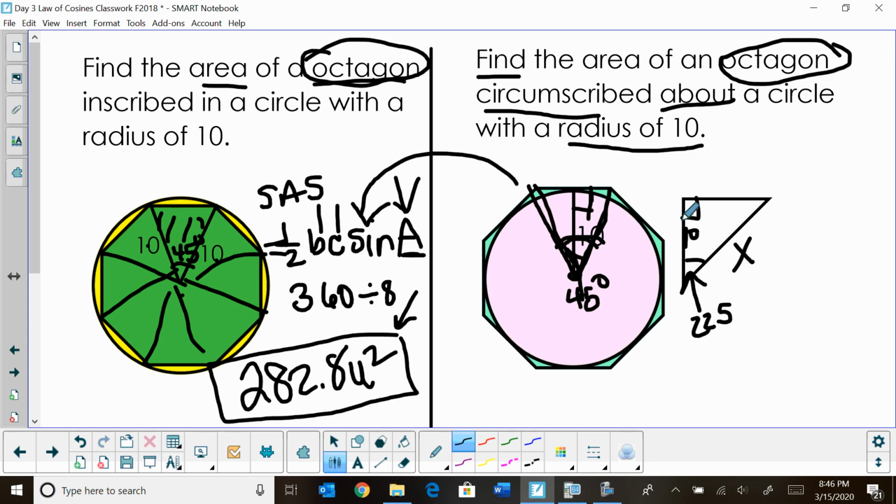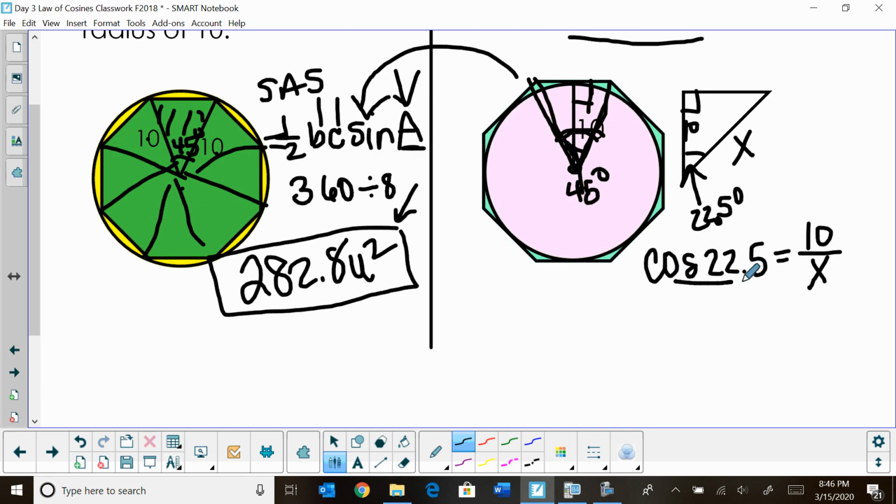So what trig function are we going to use when we know this angle is 22.5 and this side is 10? Well, that's going to be cosine, adjacent over hypotenuse. So cosine of 22.5 is equal to the adjacent over the hypotenuse. Let's solve by cross multiplying. So 10 times 1 is 10, equal to x times cosine of 22.5.